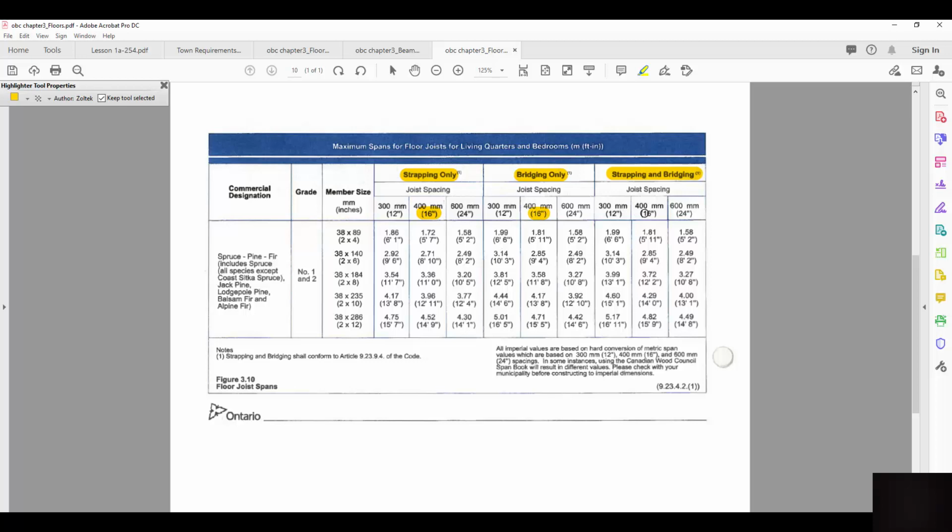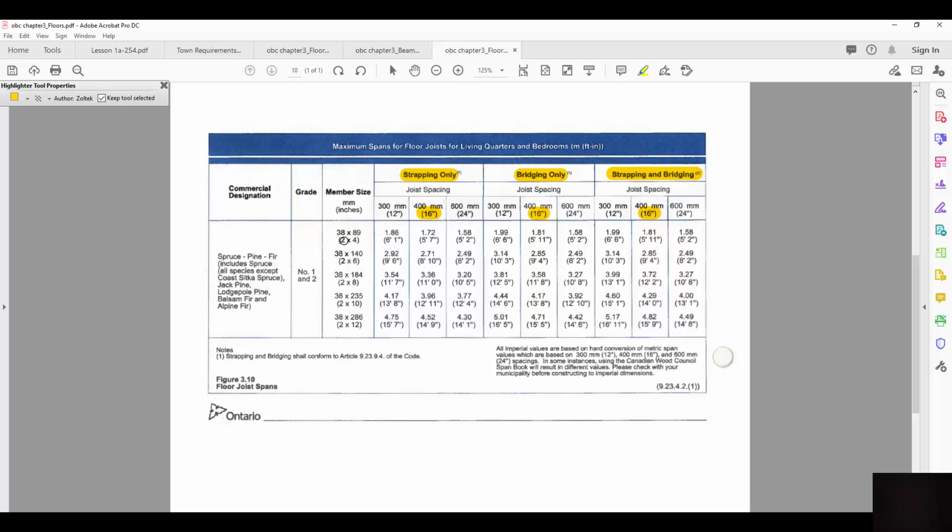That's the first column that we go to because it's the most efficient. 12 inches on center is more rigid, but it's also more costly. For every 4 feet of flooring, we need an extra joist. So for 4 feet at 16 inches on center, we need 1 fewer joist member than at 12 inches on center. So it saves us money.